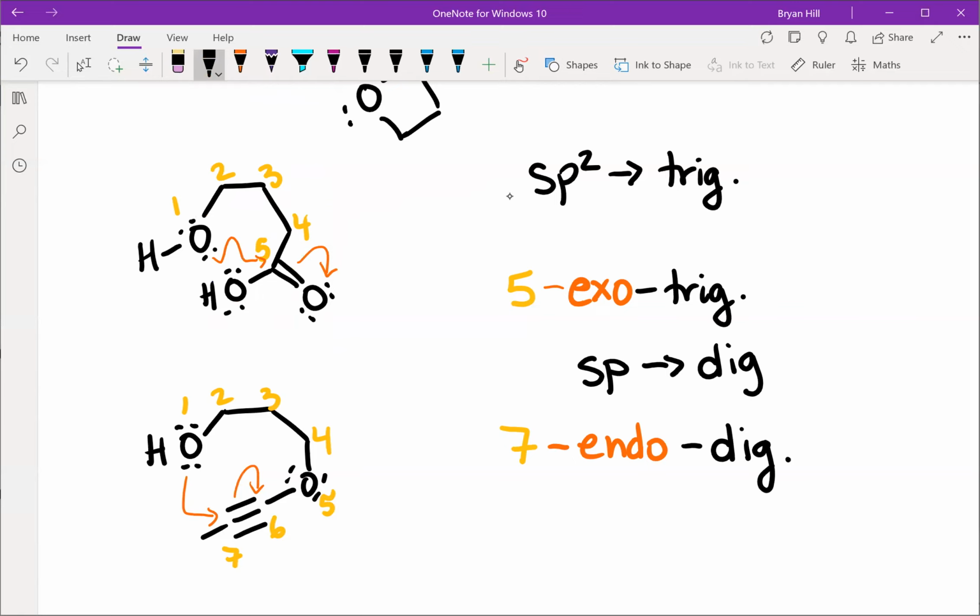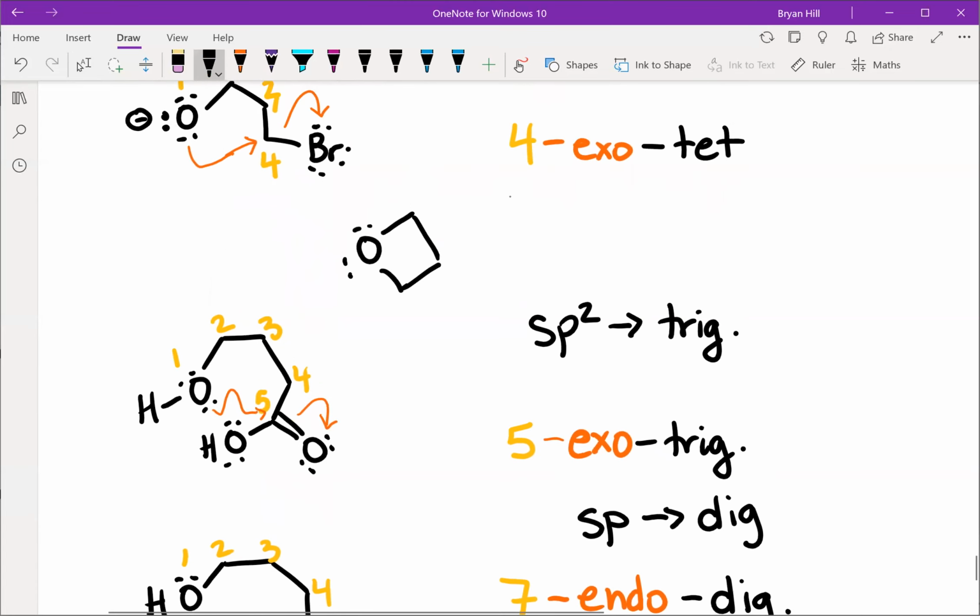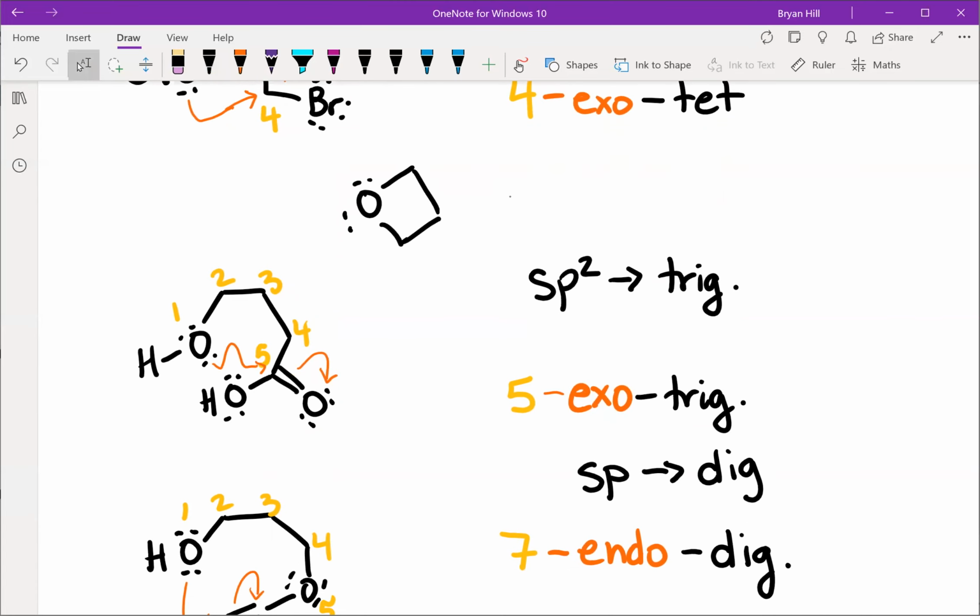So there are 2 basic ways that these rings can form: exo or endo.